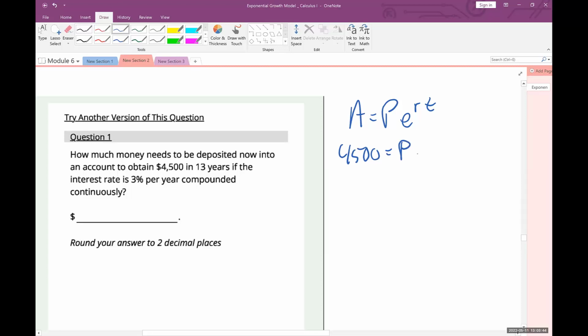We don't know. And then we have e to the, what's the interest rate? 0.03, and the time? 13 years, yeah. So what do we have?